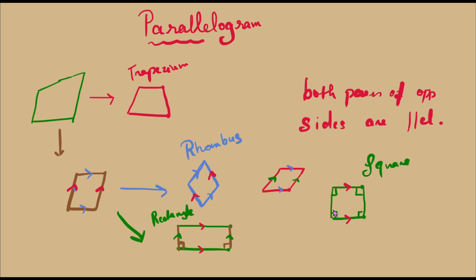I'll mark it in a different color. These two sides are also parallel to one another. So all these are parallelograms. A rhombus, a rectangle, a square, all of them are parallelograms because this condition that both pairs of opposite sides are parallel has been followed in these figures.